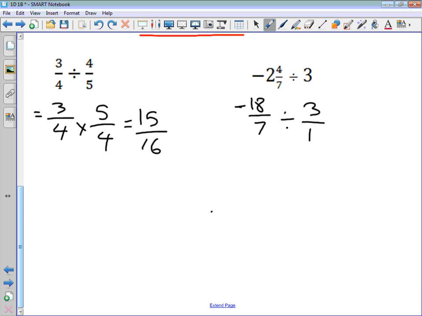Now we can follow that rule that we talked about up above. We'll keep the first one the same, negative 18 over 7. We will invert the second one, 1/3, and we will multiply. Okay? So what do we get when we do our multiplication here? Adam.